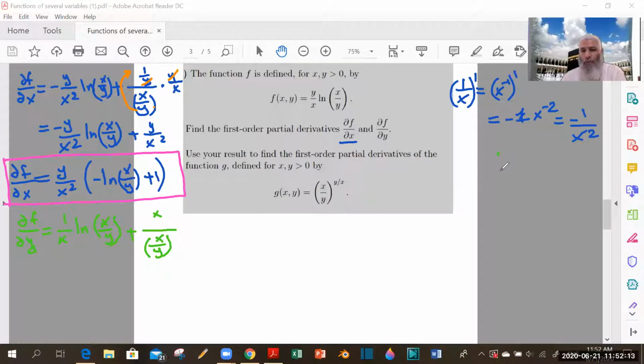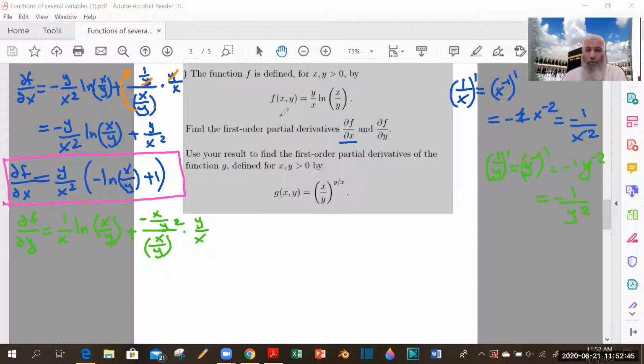The derivative of 1 over y, which is y to the power -1, is negative y to the power -2, which is -1 over y squared. Multiply by the first, y over x.